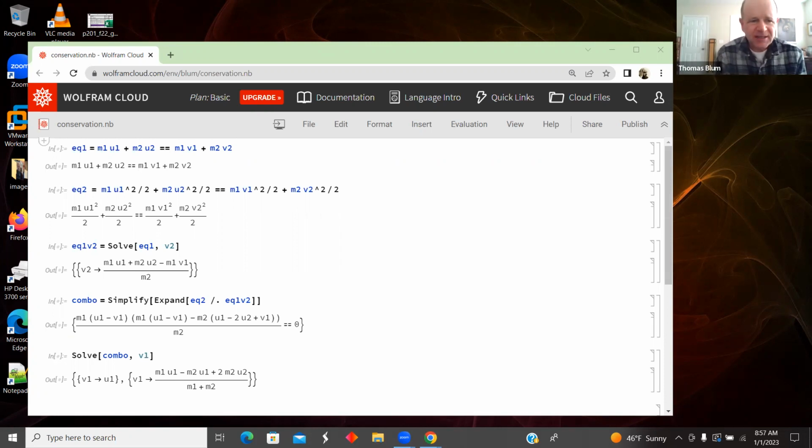I chose as an example problem a simple one-dimensional mechanics problem from an intro physics course: two particles in one dimension where momentum and energy are both conserved. So I will have two equations, one for conservation of momentum and the other for conservation of energy. Then I will solve one of them, substitute it into the other, and then solve that.